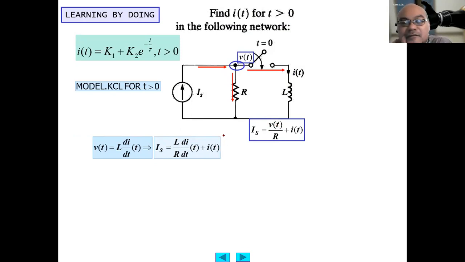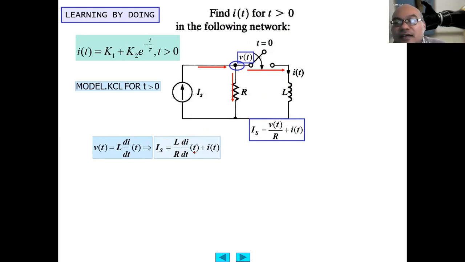Apparently we don't need to use the integral form; we just use this one. We express V(t) in terms of the differential form of the inductance law, so Is equals L over R di/dt plus i.